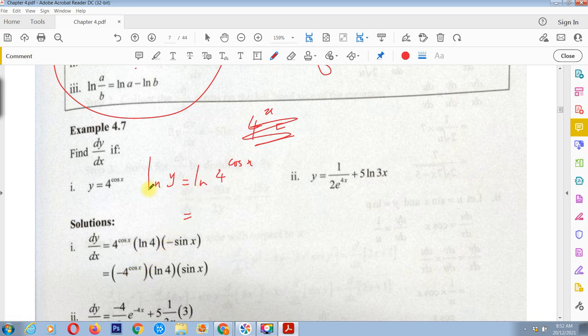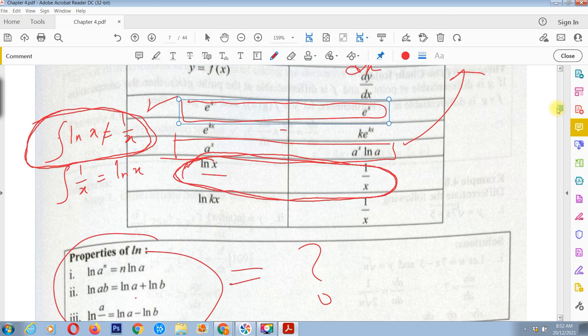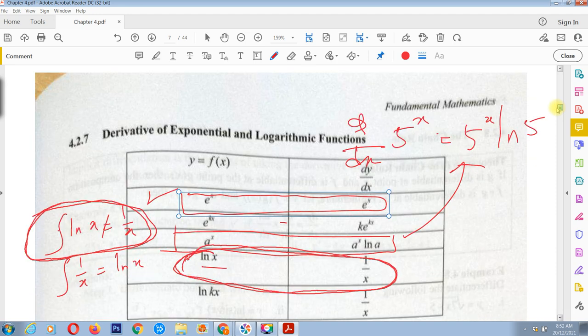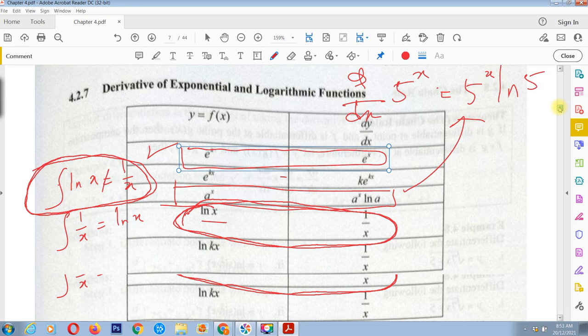No need to take long. You just apply these rules. We will have these rules. It should be like this.